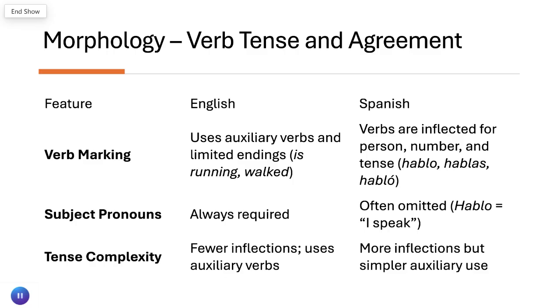So, in English, we have some endings like ing or ed, and auxiliary words. They're pretty much always required, and that's just not a thing in Spanish. So it can be a bit confusing when it comes to learning a different language.